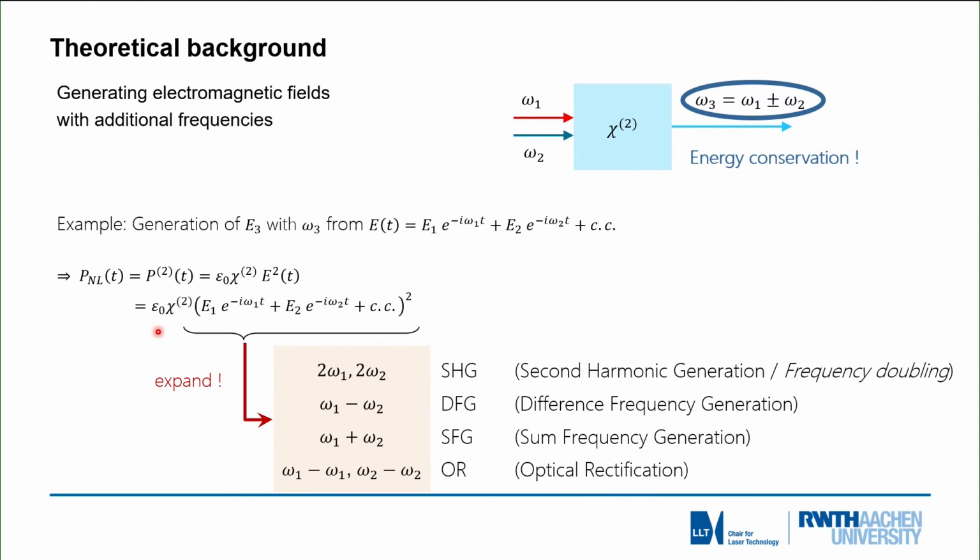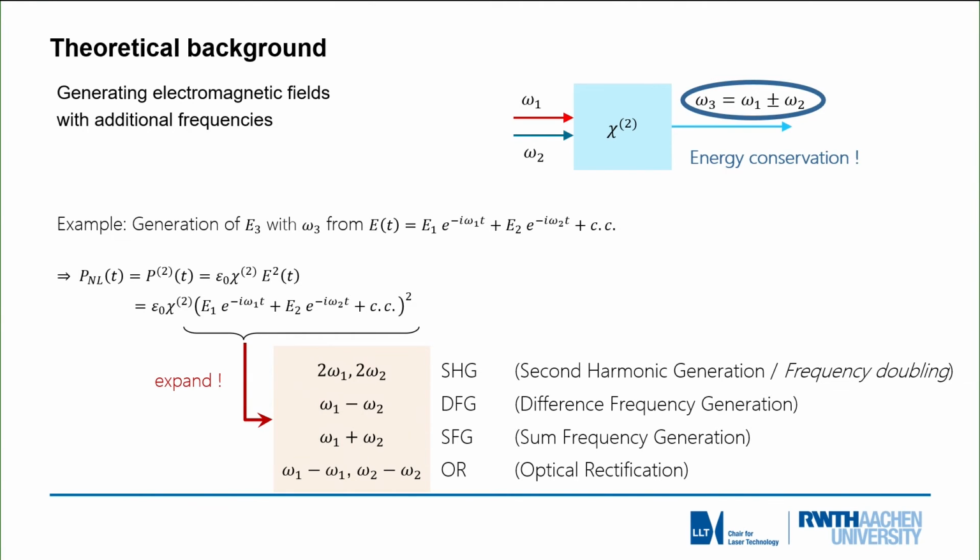The nonlinear part will show this combination of terms, and if you multiply those out, you get solutions of either 2 omega 1 or 2 omega 2, which is second harmonic generation, the difference frequency, the sum frequency, or the difference of the two frequencies, which is referred to as optical rectification.